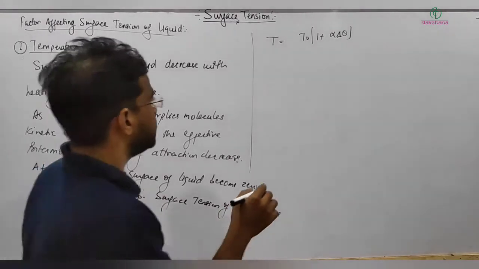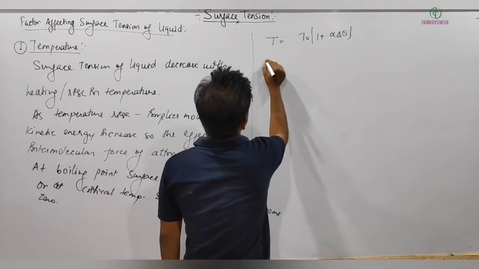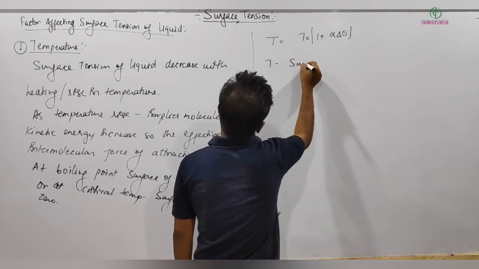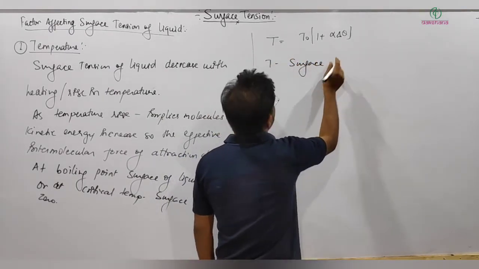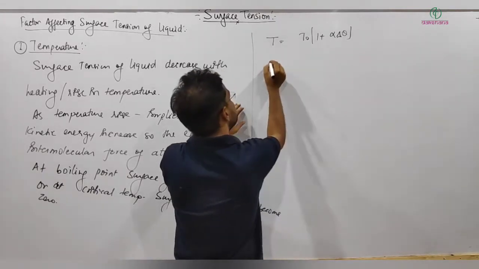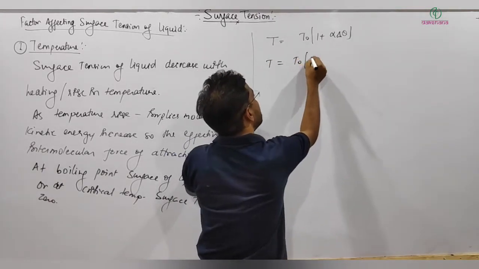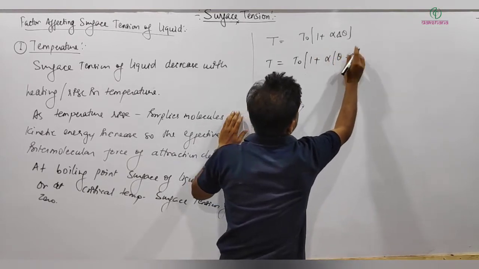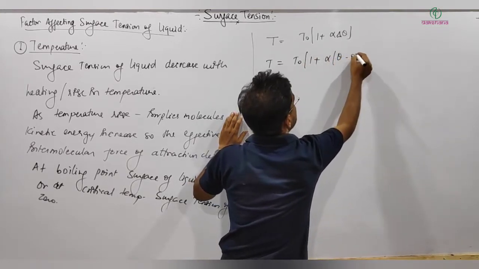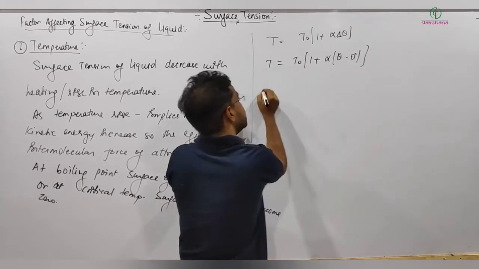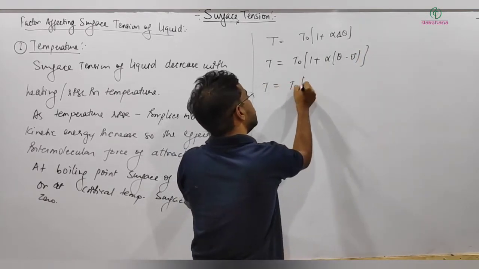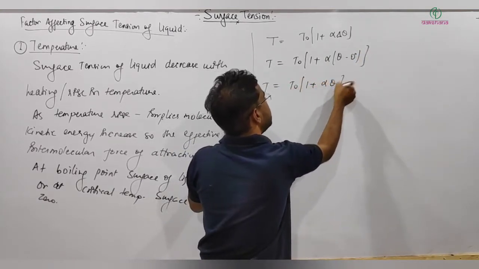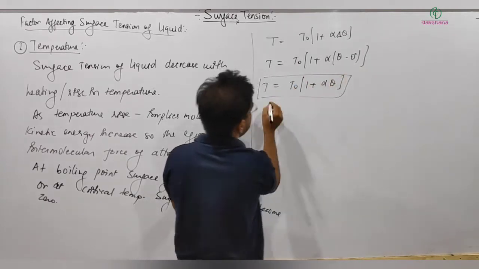Let me rearrange it a little bit. T can be written as T naught times (1 plus alpha times (theta minus theta naught)), where theta naught is 0 degrees Celsius. Then it becomes T equals T naught times (1 plus alpha theta).